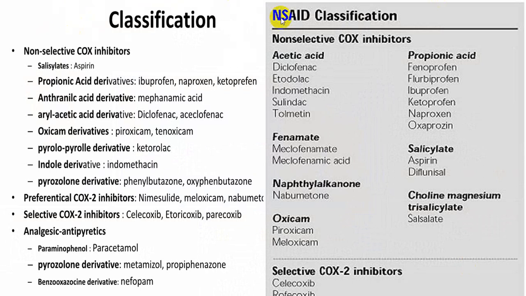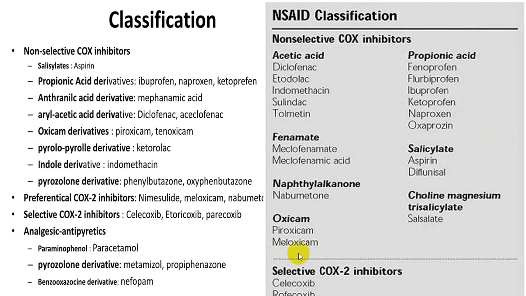You can divide NSAIDs into non-selective and selective COX-2 inhibitors. Non-selective groups are acetic acid, meclofenamic acid, then oxicams, that is piroxicam, meloxicam, etc. Propionic acid like the ibuprofen group, salicylates, that is aspirin, and choline compounds, trisalicylates like salsalate.